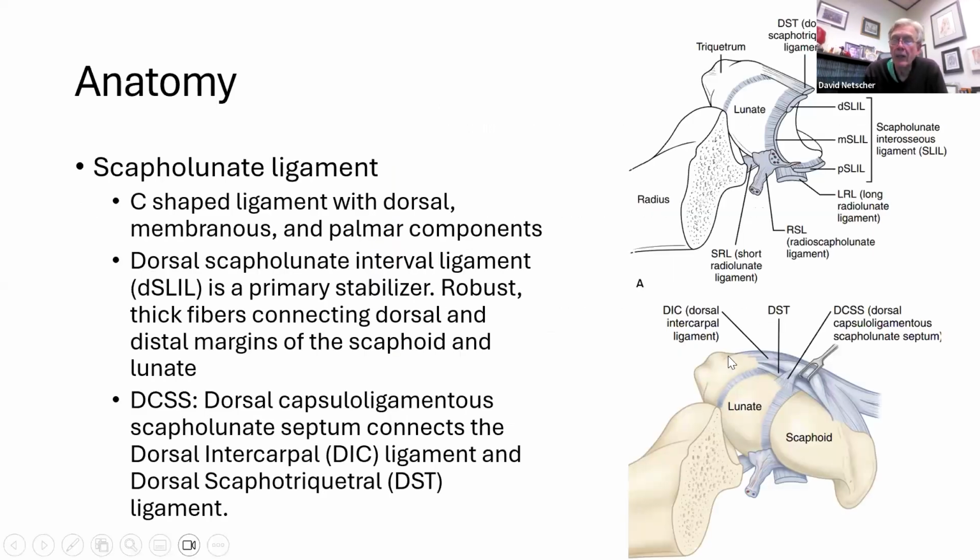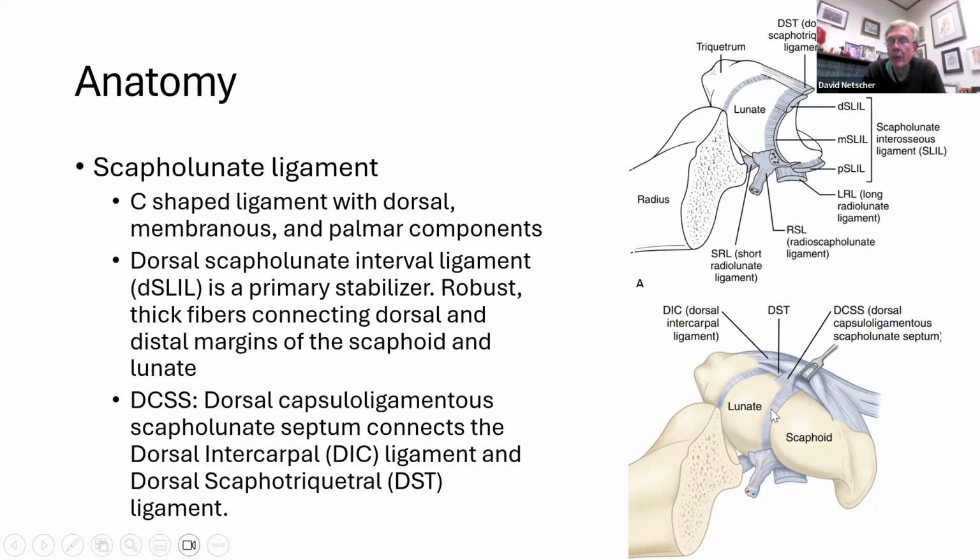Here are the ligaments across the wrist. There is a dorsal scaphotriquetral ligament that is deep and joins those two bones. And there's a dorsal intercarpal ligament, which is sort of a two-layered protection holding the bones together. But then there's also this very dense interosseous scapholunate ligament, and it is particularly strong on its dorsal aspect and less strong in the membranous and volar portions.